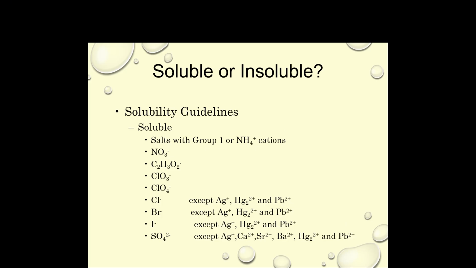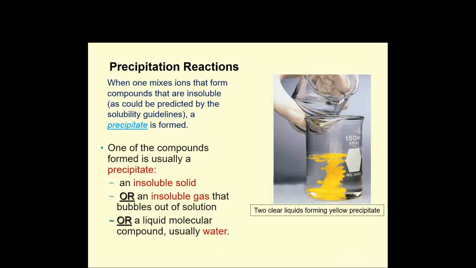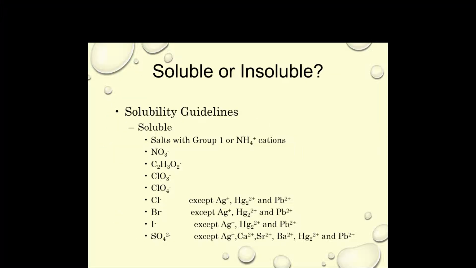That was the example with the yellow precipitate. That yellow precipitate was lead iodide. Iodides are usually soluble, except lead is one of the exceptions. So what happens? The lead iodide forms a precipitate.